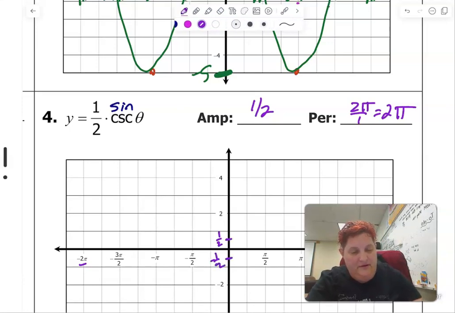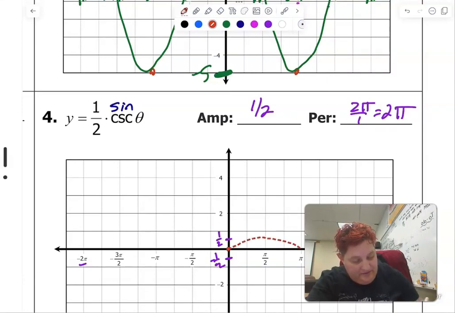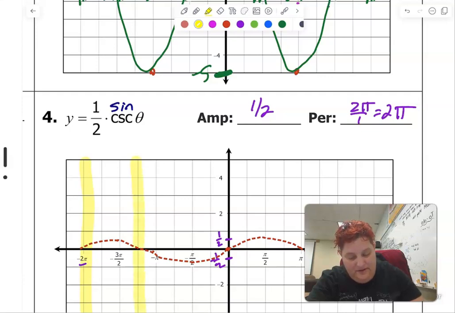And I'm going to make a sine graph. And when I make it, I'm going to make it dotted or in a different color or something like that. So remember, sine starts at 0, goes to A, and then goes to 0, negative A, 0. Because this is 1/2, this is really a small graph. And then you remember that all through here there are asymptotes where this hits 0. You want to make sure that you do not cross any of these lines here.